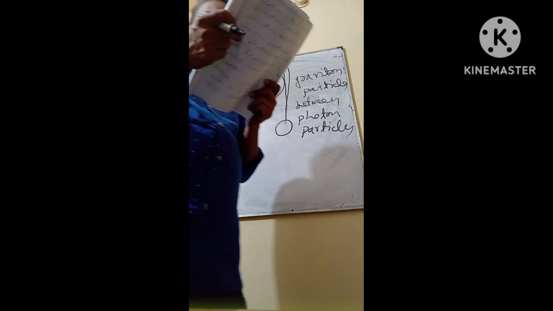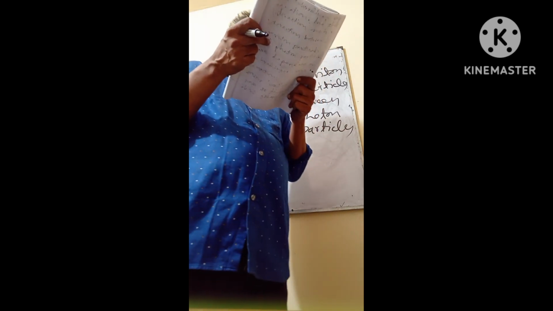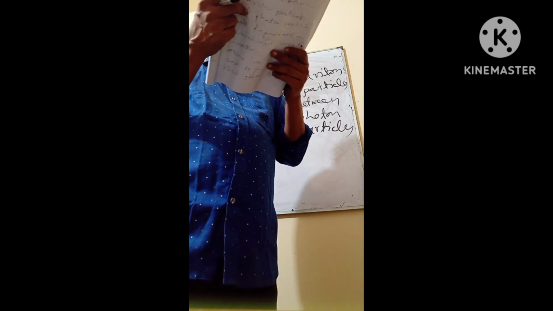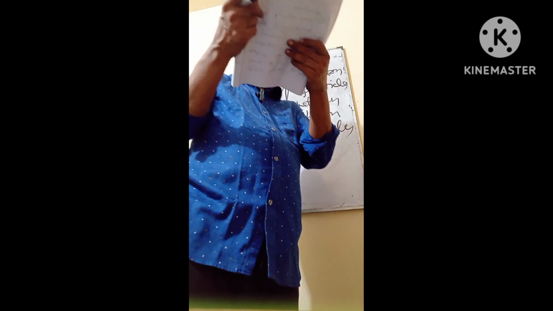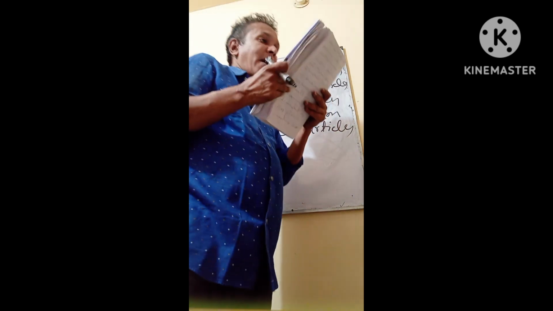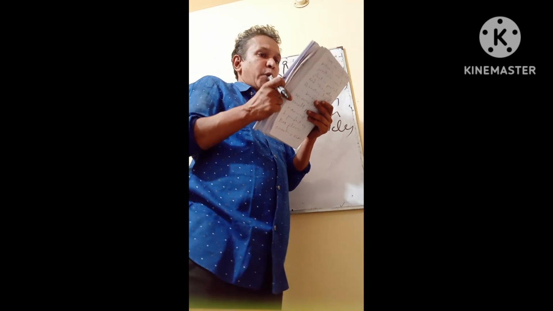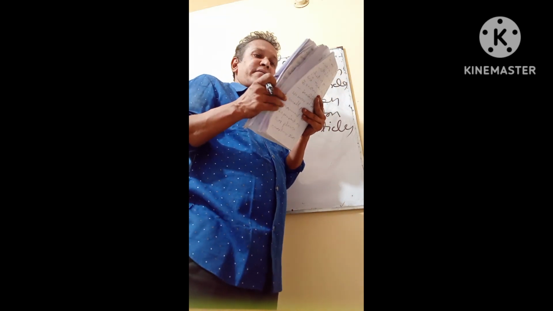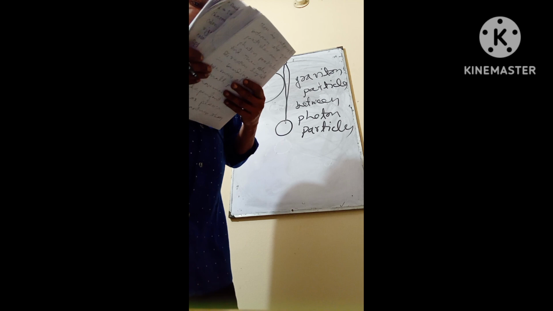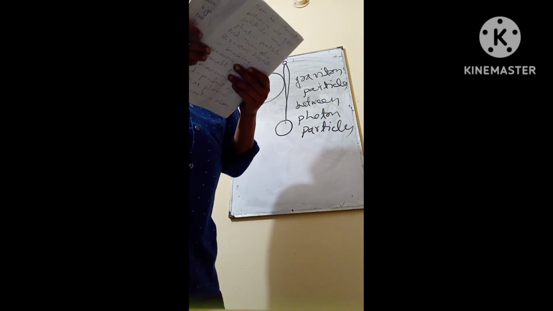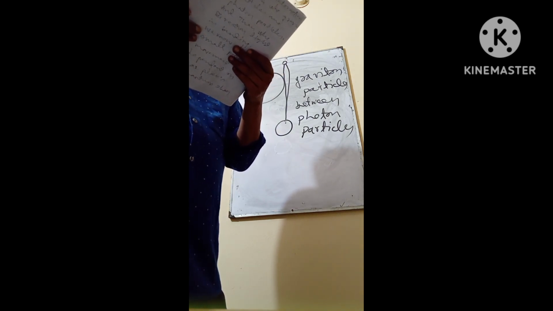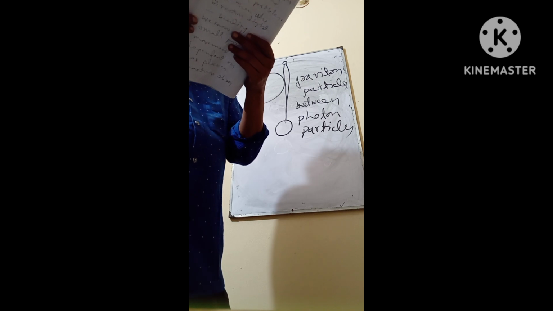We know that small particles' movement and characteristics are dependent on Max Planck's quantum theory and the Schrödinger wave equation. And their interactions, such as interaction between gravitational particles and photon particles, depend on the Schrödinger wave equation.